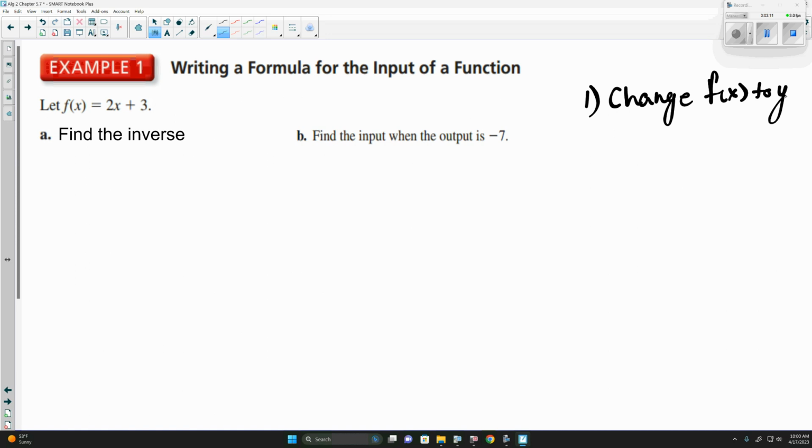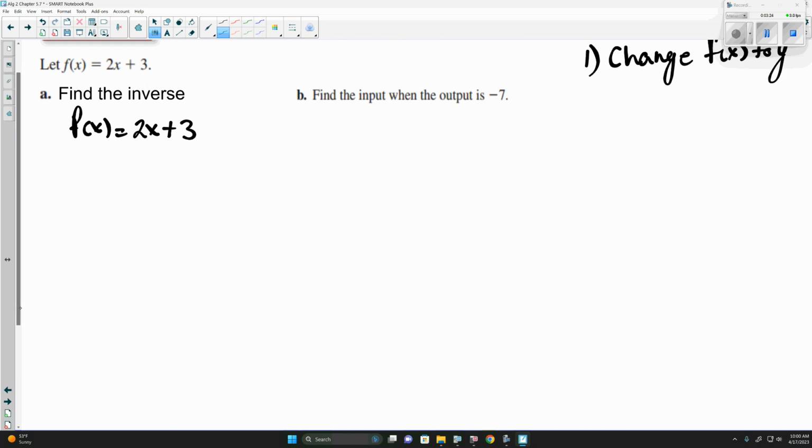That's our first main step. If the function already has y equals, we don't have to do this. However, for this function we have f of x equals 2x plus 3, so the first thing I'm going to do is change f of x to y.